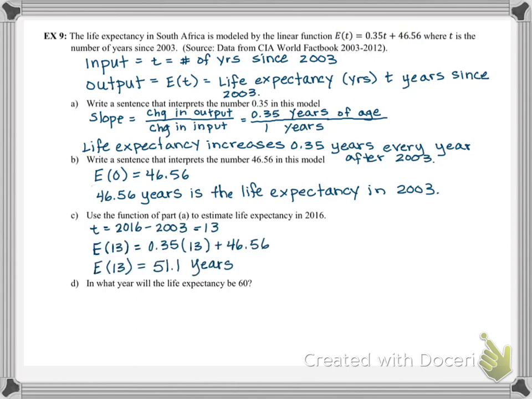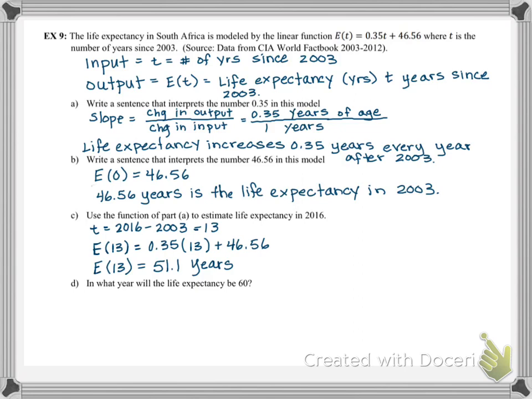Is correct, so make sure that when you're evaluating your functions, you have two sides, right? E of something equals, in every step. And this one, you didn't have to write a big long sentence or anything, since it doesn't ask you to interpret it, but be sure to put units on it at the very least.